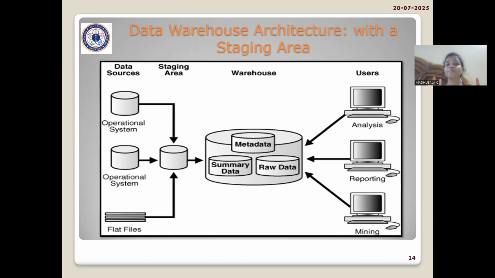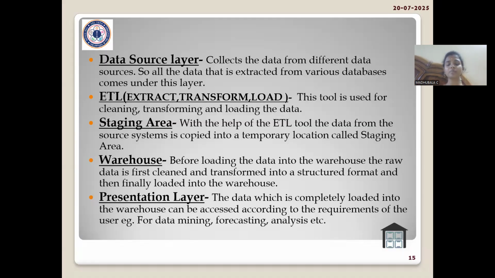This is the data warehousing architecture with the staging area. Here, in the data source layer, we define the collection of data from different data sources. If I need somebody's details, I have to collect the data from different sources.